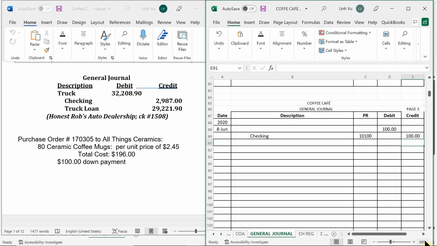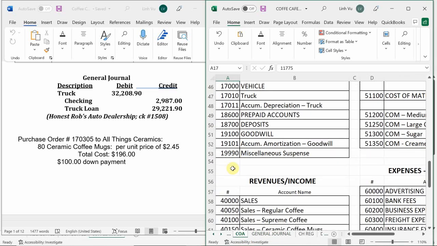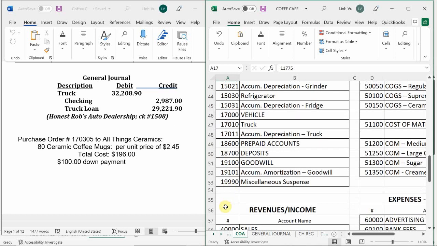Account. You're paying a vendor for services in advance.